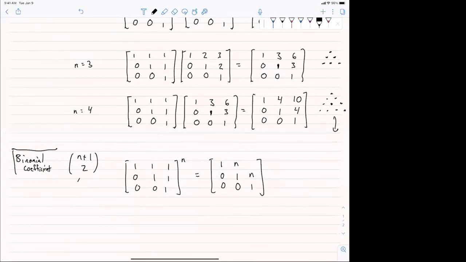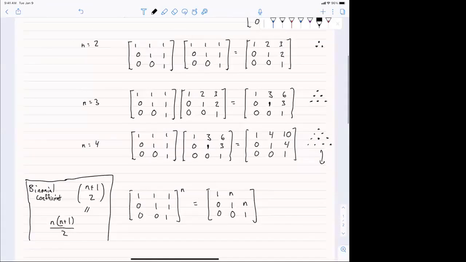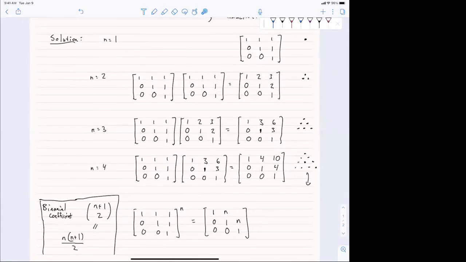There's a general n choose k formula, which is easy to write down, but for this particular one, this is going to be n plus 1 times n over 2. That's what this is. So let's check and see if that's right for these numbers. For n equaling 1, this number will be 1 times 2 over 2. That's 1.